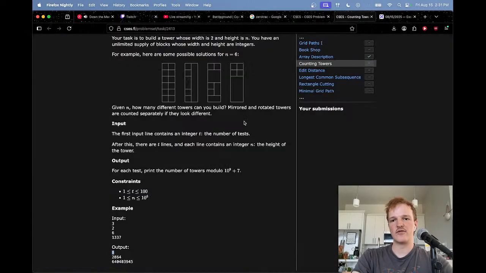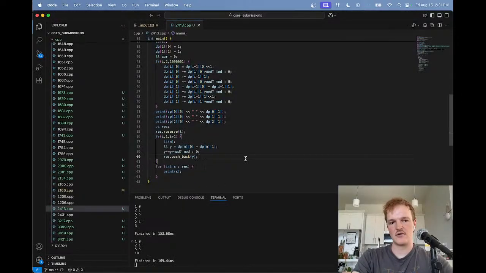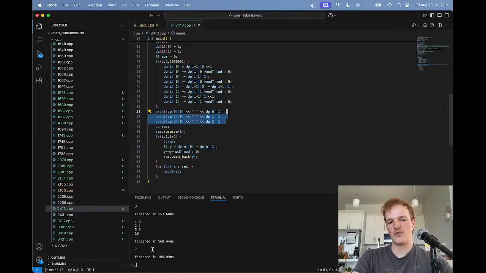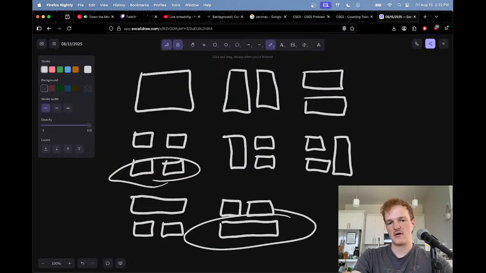And then hopefully they don't ask, what's the number of ways? There's n can't be 0. So it should be 0, 0, 1, 1, 3, 4. So it shouldn't be 3, 4, though.